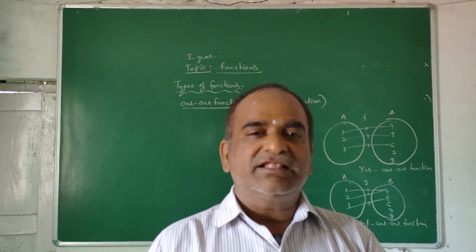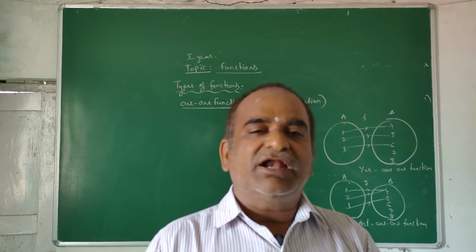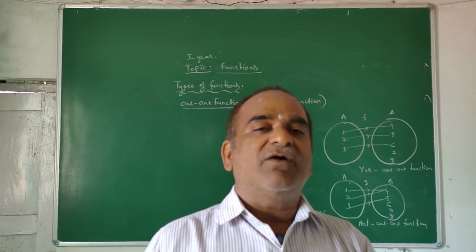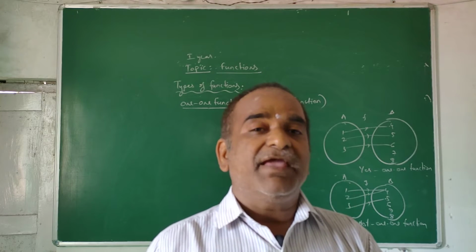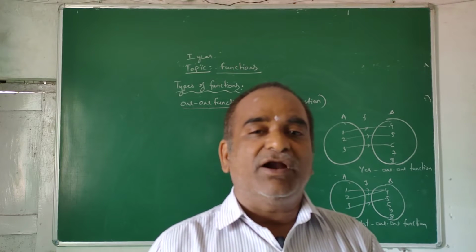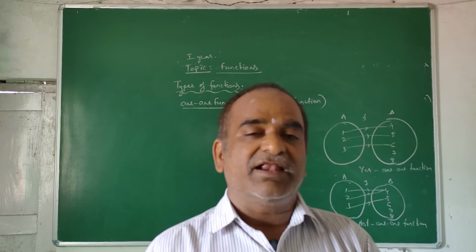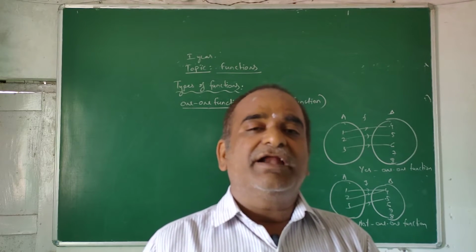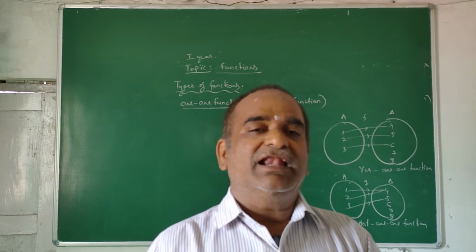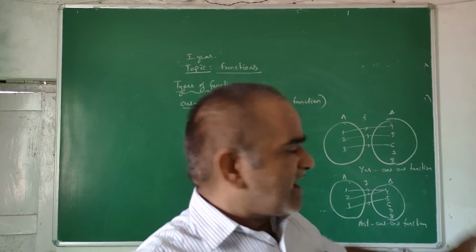Suppose a function is given as a set of ordered pairs and you are asked to decide whether it is one-one function or not, in such case you have to observe all the ordered pairs and see if any two ordered pairs have the same ordinates. If you see that, it cannot be one-one function. If all ordered pairs have different ordinates, it is clearly one-one function. Understood? So these all are examples.